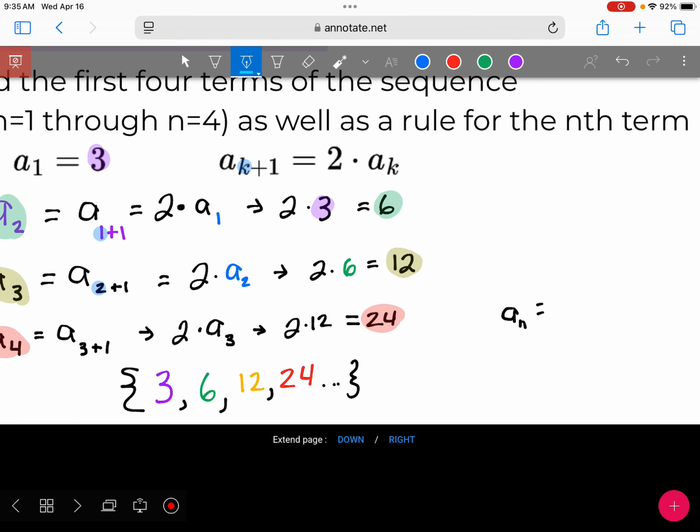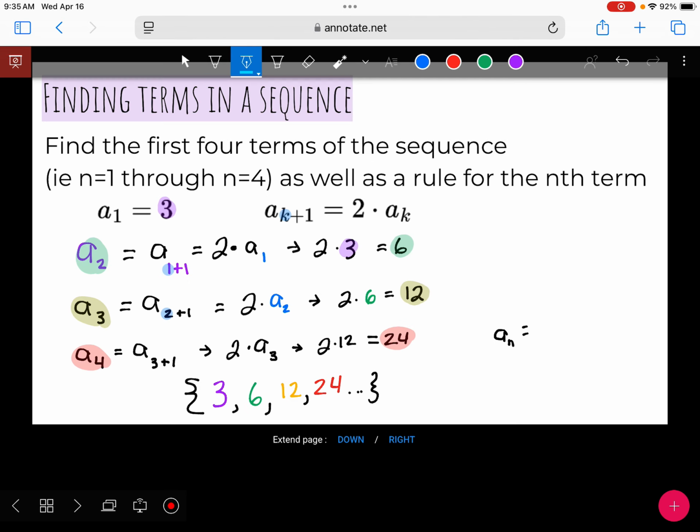We want to be able to just plug in n. I don't want to have to find everything in between if I want a sub 30. I would love to just substitute in 30 and get my answer.